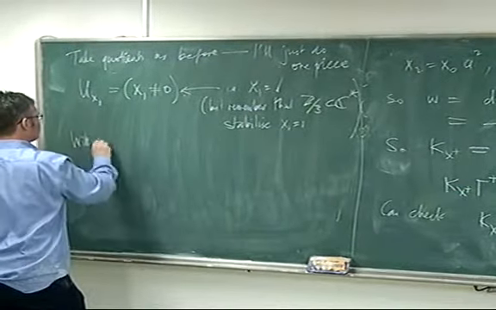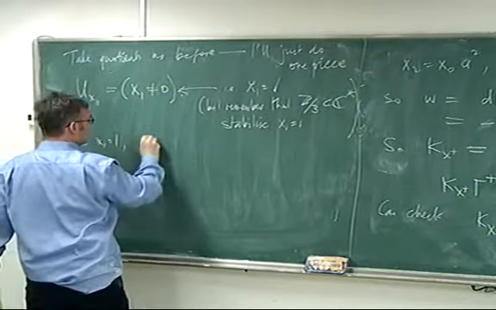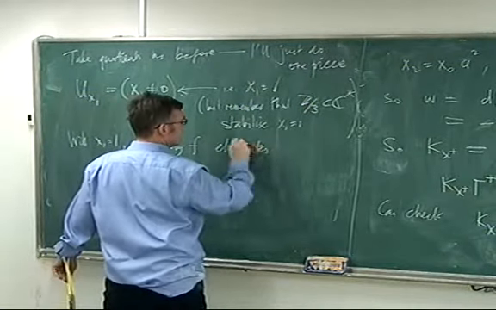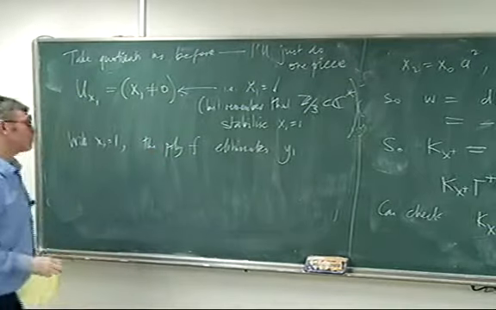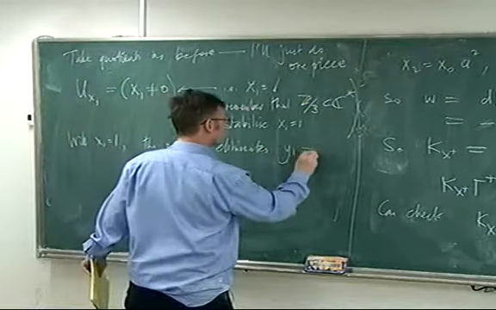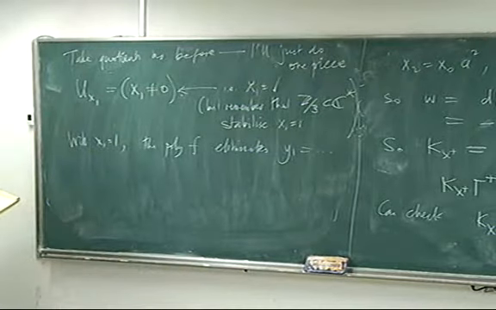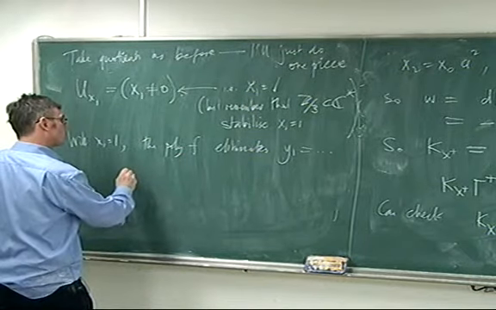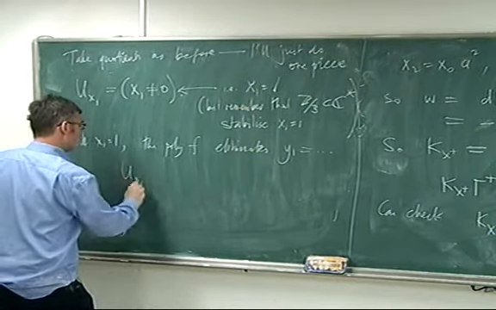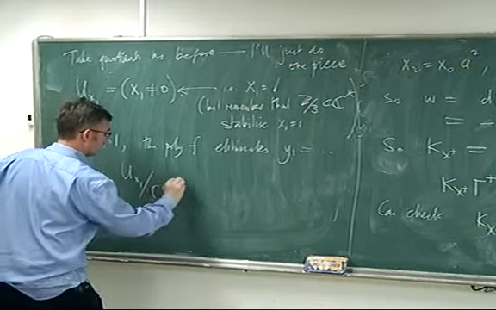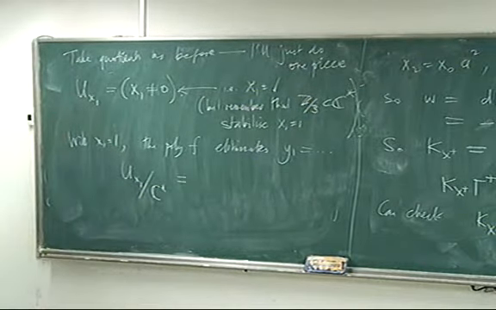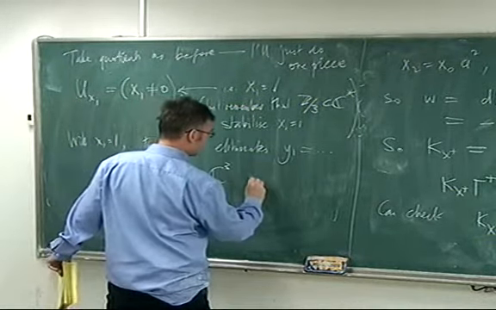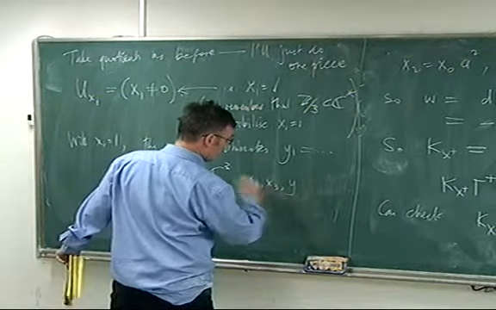So with x1 equals 1, the polynomial f eliminates y1, because it's a function of other things. And so I could say it like this: U x1 divided by C star is therefore, well, x1 is 1, y1's gone, so there's only 3 variables left, C3 with coordinates x2, x3, and y.